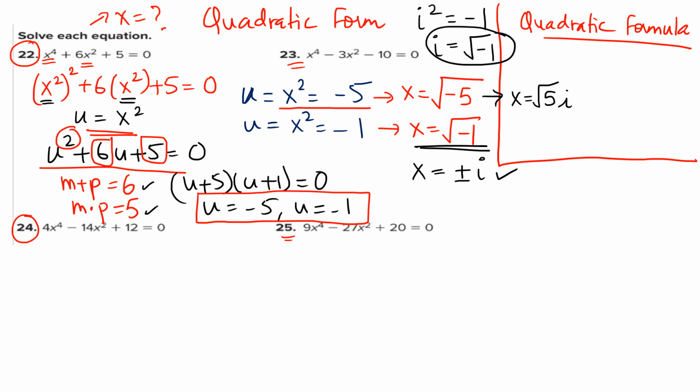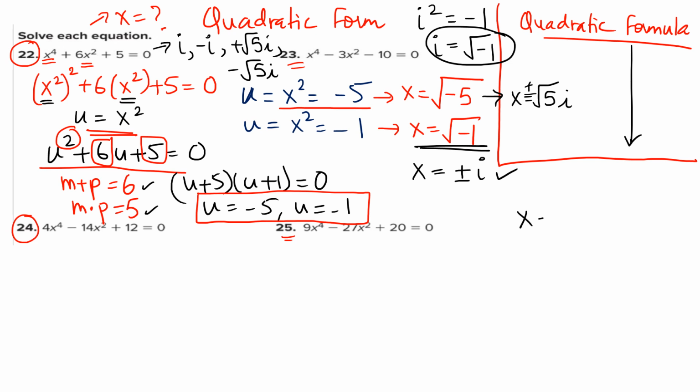Now because it is square root, it will have both positive and negative, and because the degree is 4, it will have 4 solutions. So I will put plus and minus both. So the 4 solutions finally are plus i, minus i, plus square root 5 i and minus square root 5 i. So these are the 4 solutions. We have given the answer in terms of x. Now let's write quadratic formula so that we can solve.